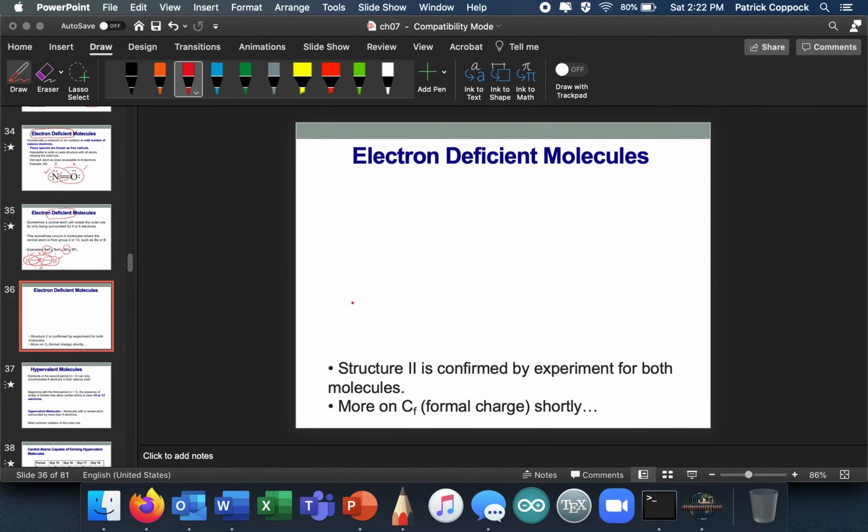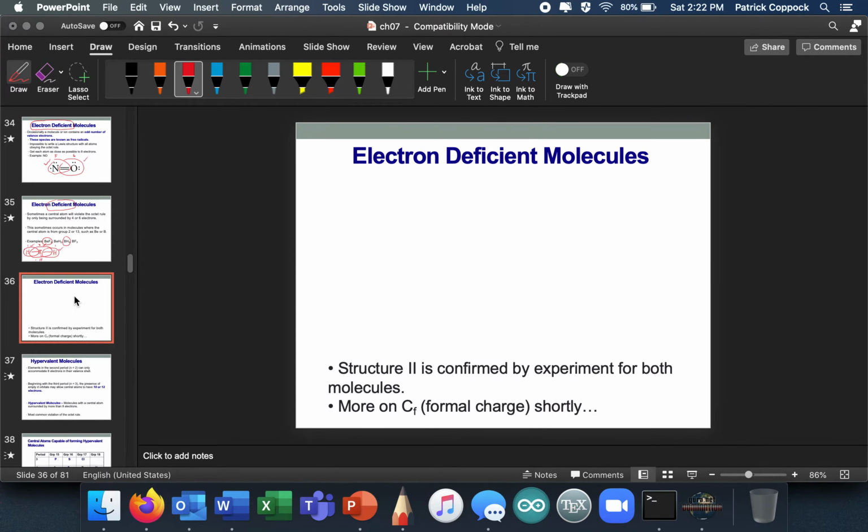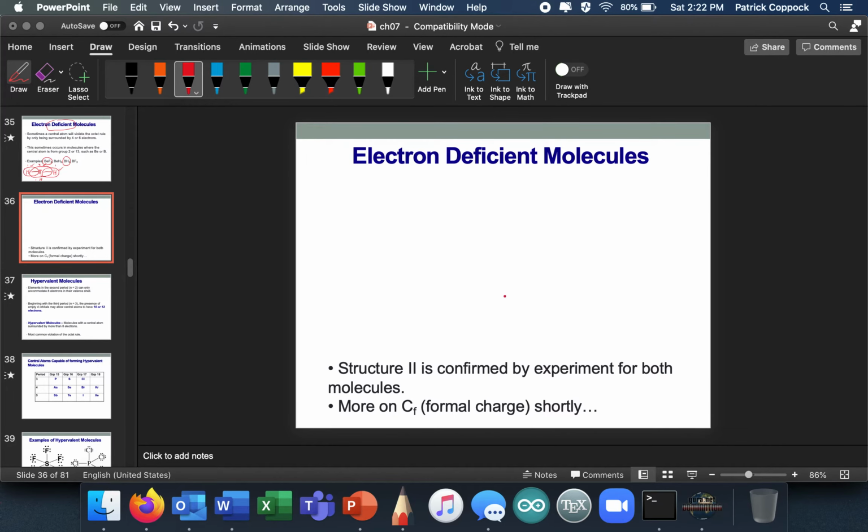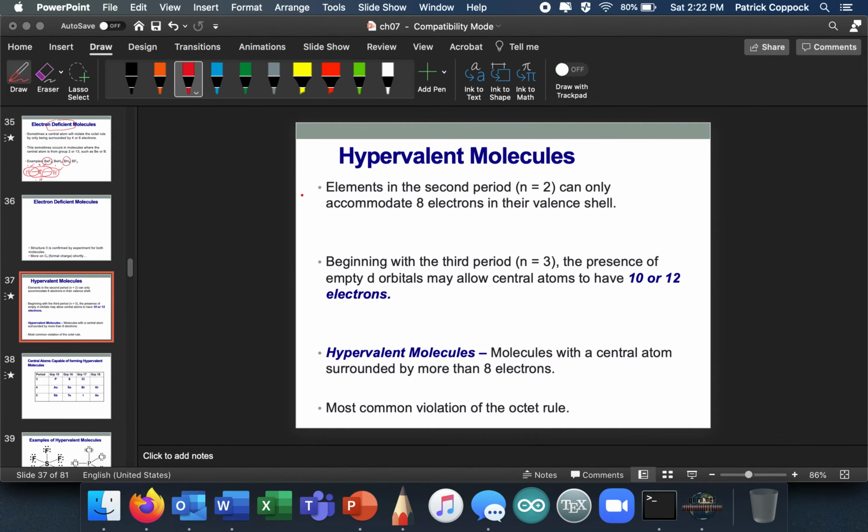All right, so let me skip that slide. Let's go here and say elements in the second period can only accommodate 8 electrons, right? So if we have too many electrons, then we can't do anything with stuff in the second period. It won't work.